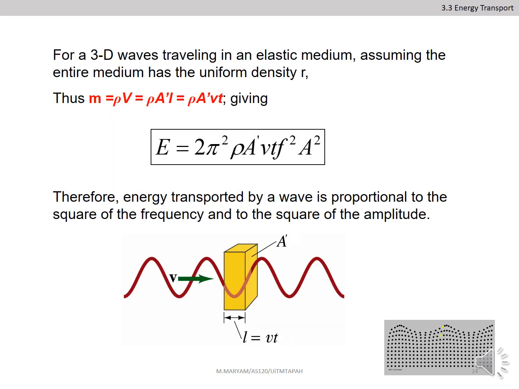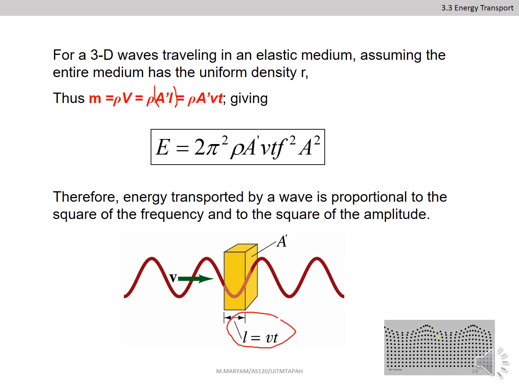For a 3D wave traveling in an elastic medium, assume the entire medium has a uniform density rho. Let's have a look. m is equal to rho V, where rho is the density and V is the volume, equal to rho A prime times L. A prime represents the area.